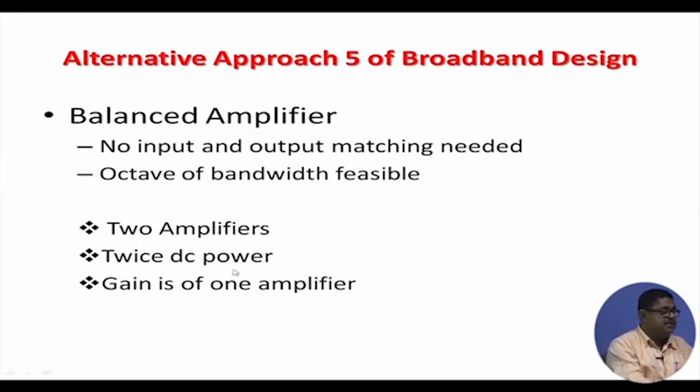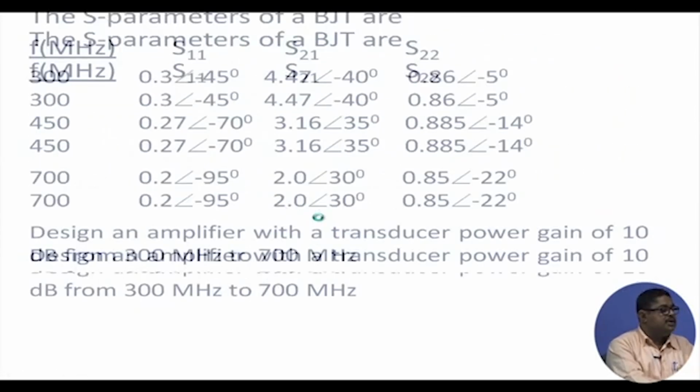So you are wasting some power, and though you are using two transistor devices, the gain should have been more, but actually the gain is of one amplifier only, that we will show. So these are disadvantages, but still for broadbanding, it is a very good choice.